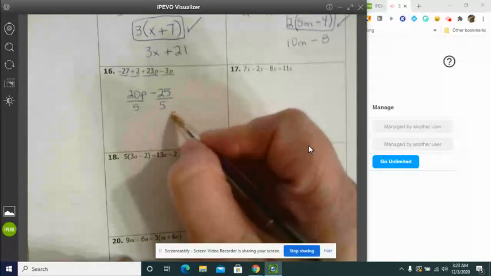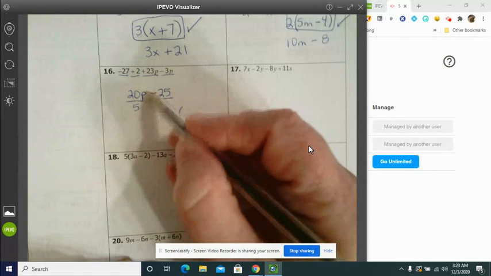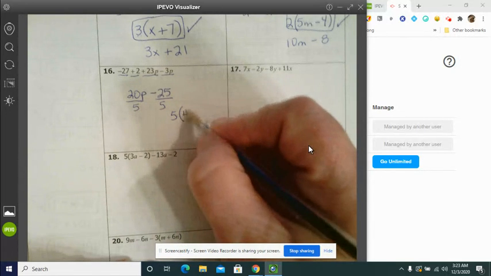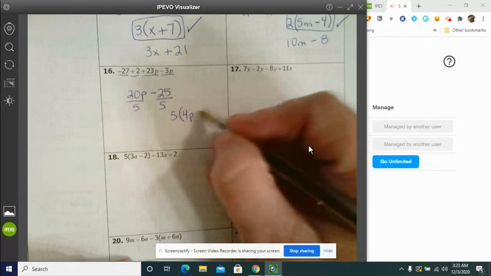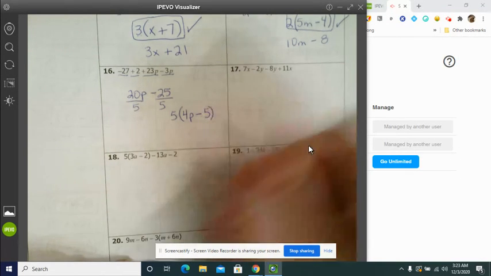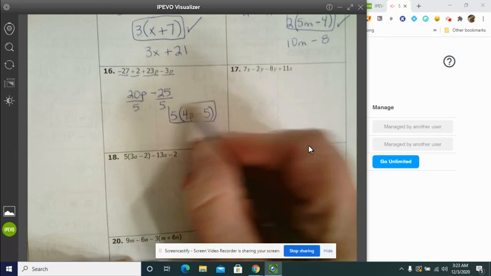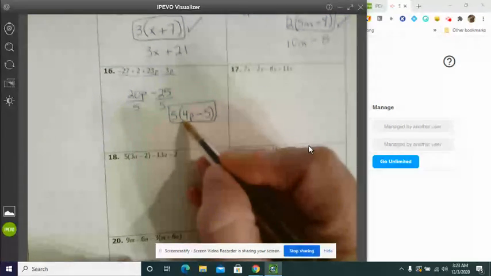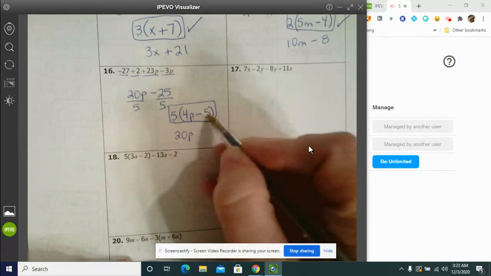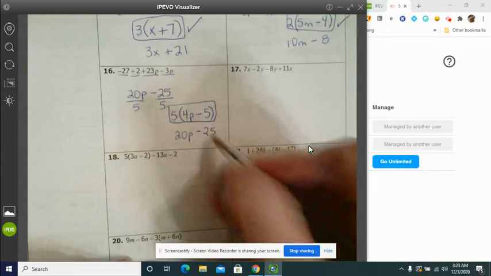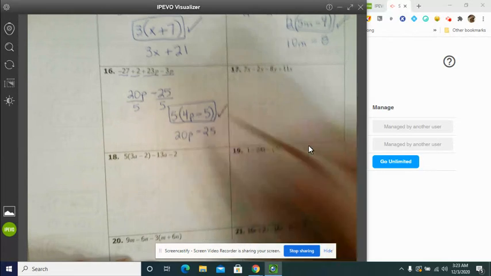So my 5 goes here. 20p divided by 5 is 4p. Negative 25 divided by 5 is negative 5. That's what I think my answer is. 5 times 4p becomes 20p. 5 times negative 5 becomes negative 25. That is correct. My answer checks.